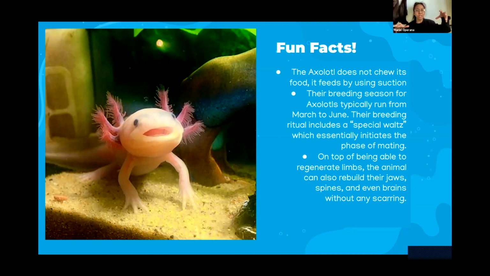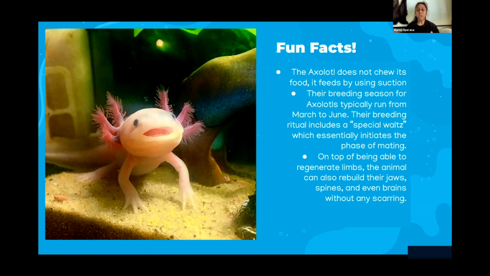And then the male axolotl drops the sperm packet, and the female axolotl receives it, and that's how it proceeds. But they have to do this dance first. It's part of their nature in order for them to reproduce. So I thought that was a really fun fact. It was super interesting.